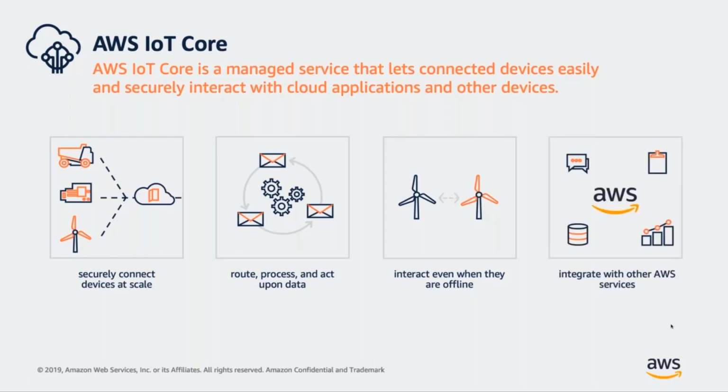And then finally, because AWS has a huge selection of services in place already to process, analyze, and generate insights into data, AWS IoT allows you to integrate with these services, which allows you to quickly derive intelligent insights on top of your data.